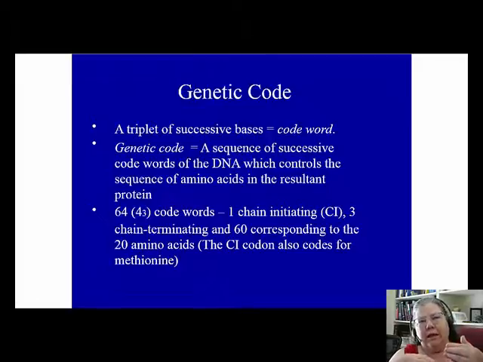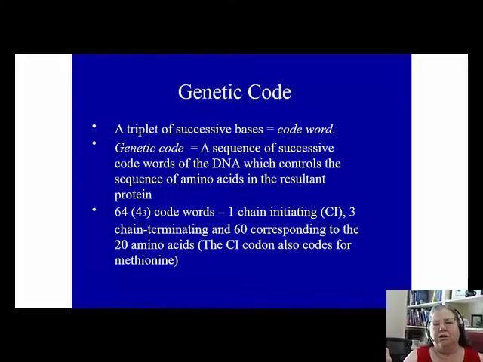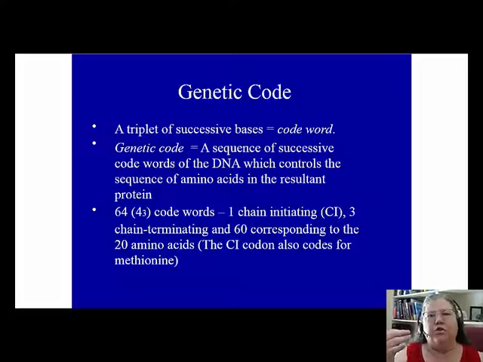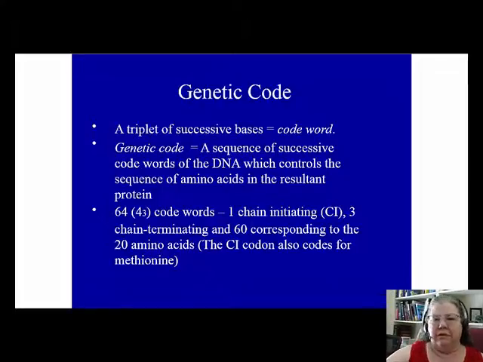So code words strung together, 3 bases at a time, create the code for the production of RNA, which then codes for the amino acids which will be assembled into proteins.